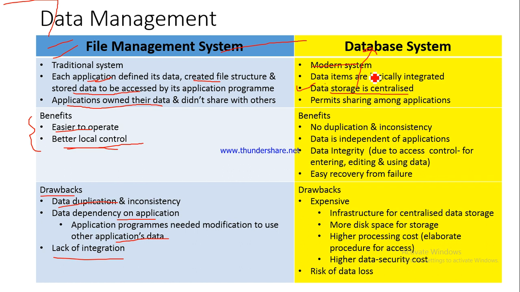Now let us understand what will happen in the database system, and this is what actually happens when you go to a bank branch. We do not have a file management system as of now. Earlier it used to be the case in bank branches, but now this is no more there. Now we have got a database system. There would be a central database, let's say in the server in the bank branch.